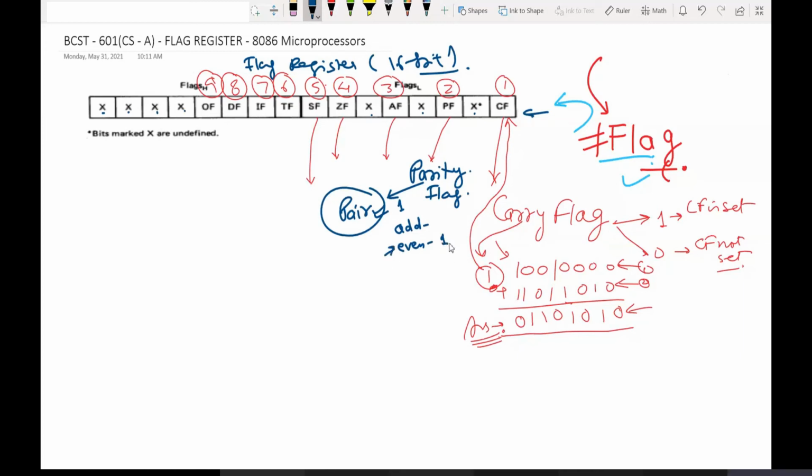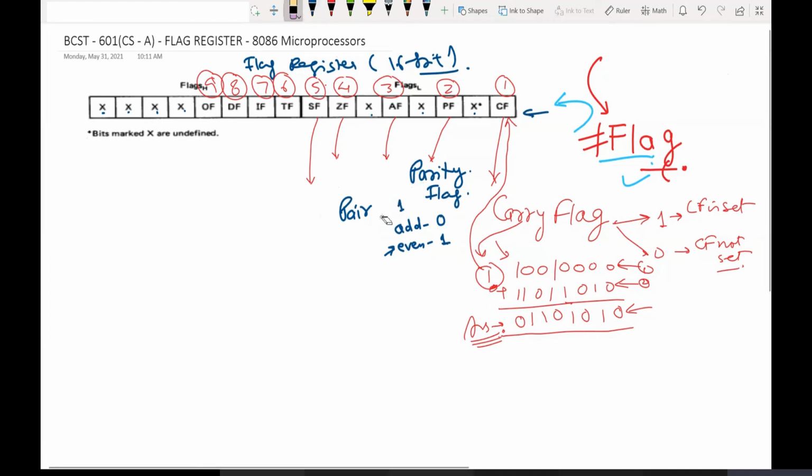If the number of pairs is not even, it is irregular, then the parity is simply odd. So it gives you the number of times 1 is repeated in the bit pattern or the set of data. Parity is simply related with the pairs which are having 1.